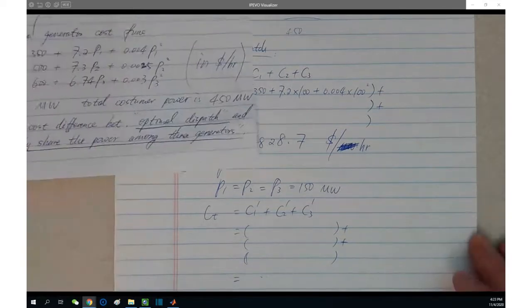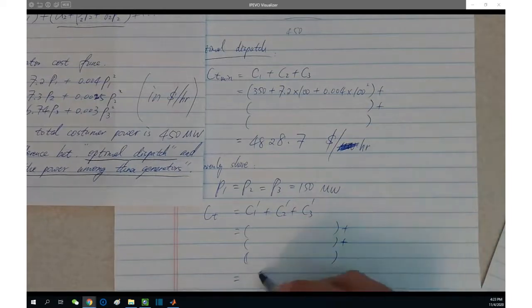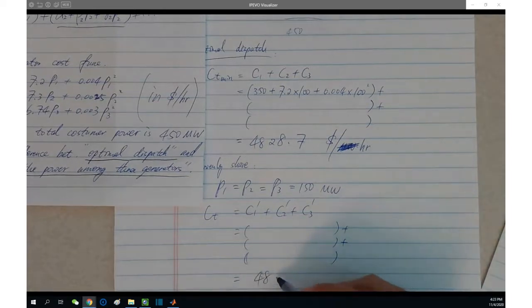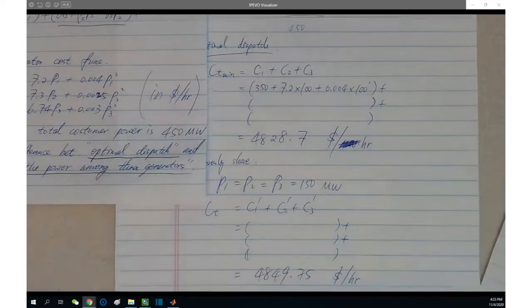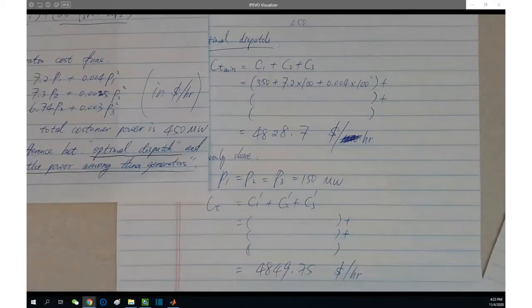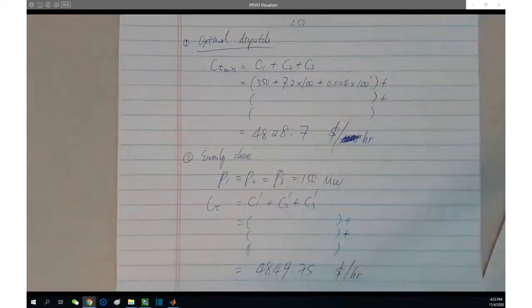But anyways, if everything is calculated correctly, you're going to end up with, well, not too bad actually, better than I thought.